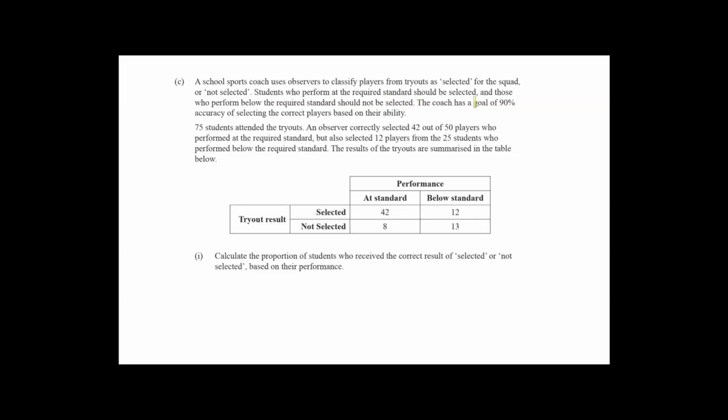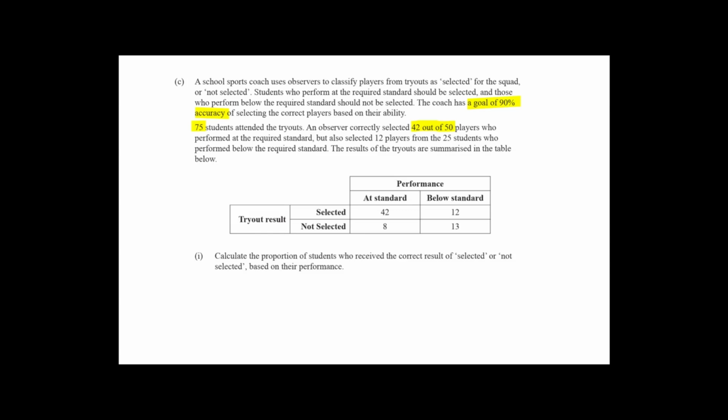The coach has a goal of 90% accuracy in selecting the correct players based on their ability. So it's not 90% pass, it's 90% accuracy. Okay, 75 students attended the tryouts.